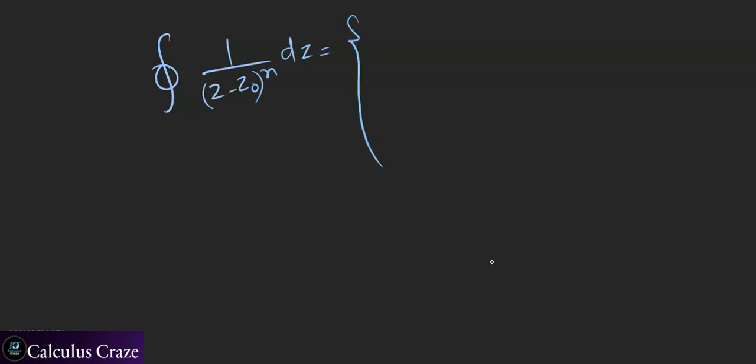So now I will formalize it: I want to integrate 1 over (z minus z naught) to the power n dz. This should be equal to 2 pi I when n is 1 and it is 0 when n is not 1, and n can be any integer other than 1, right? Okay, so what are some of the other consequences?